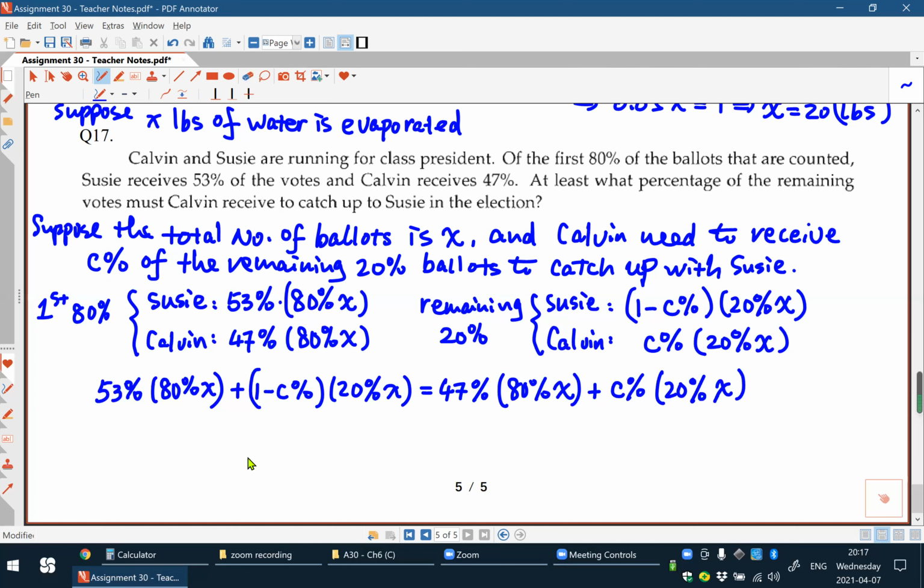Right? Okay, there is only one variable and one equation. We should be able to find the C here, okay? By solving this equation, we can get C% is 62%. So that means Calvin needs to get at least 62% of the remaining ballots.